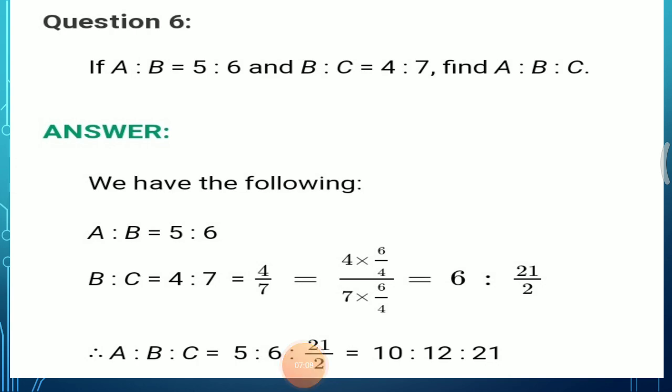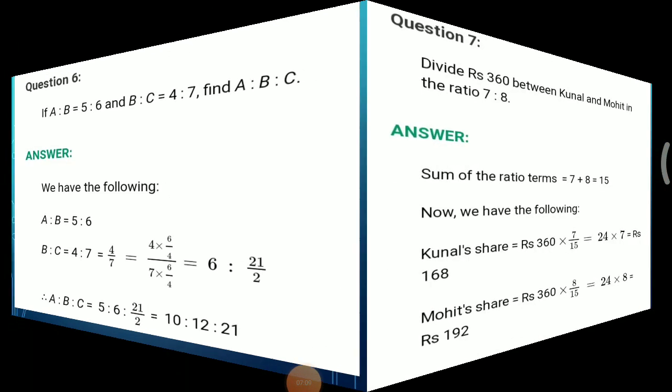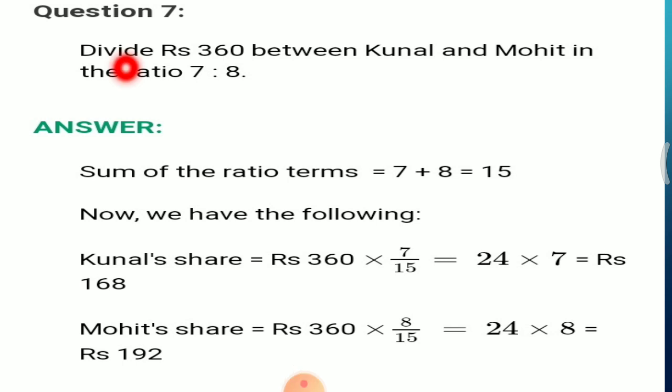Now next question is that divide rupees 360 between Kunal and Mohit in the ratio 7 ratio 8. So at first student, you add these ratios. Sum of ratio is equal to 7 plus 8 is equal to 15.